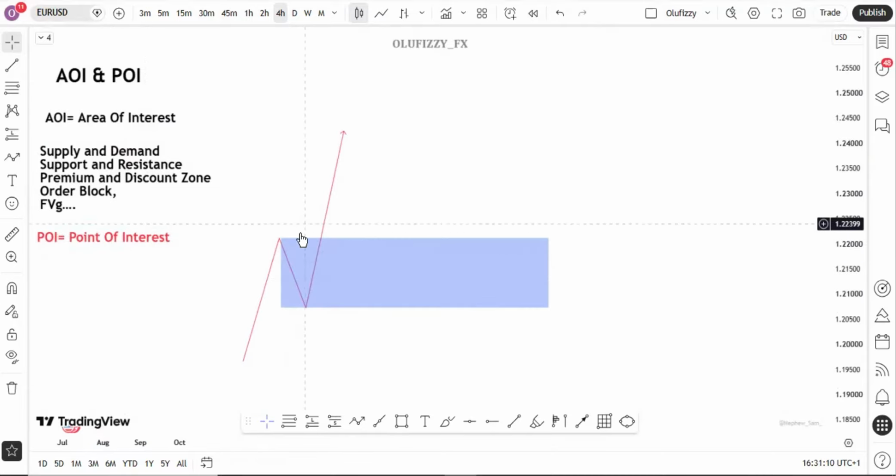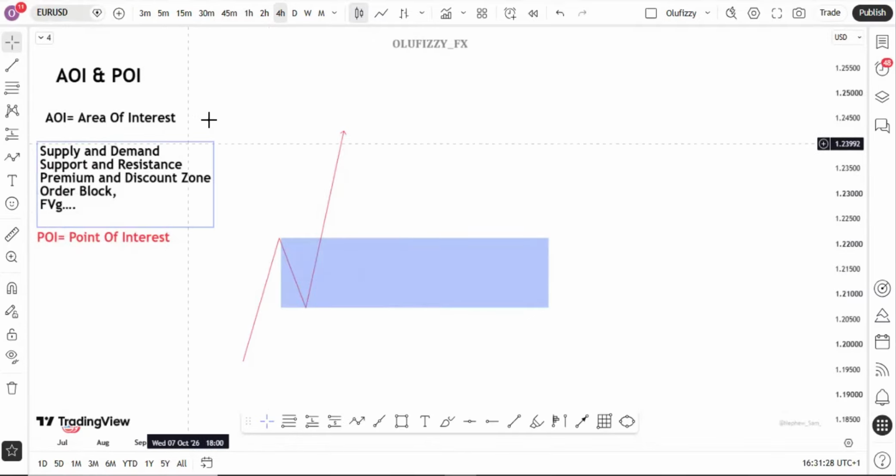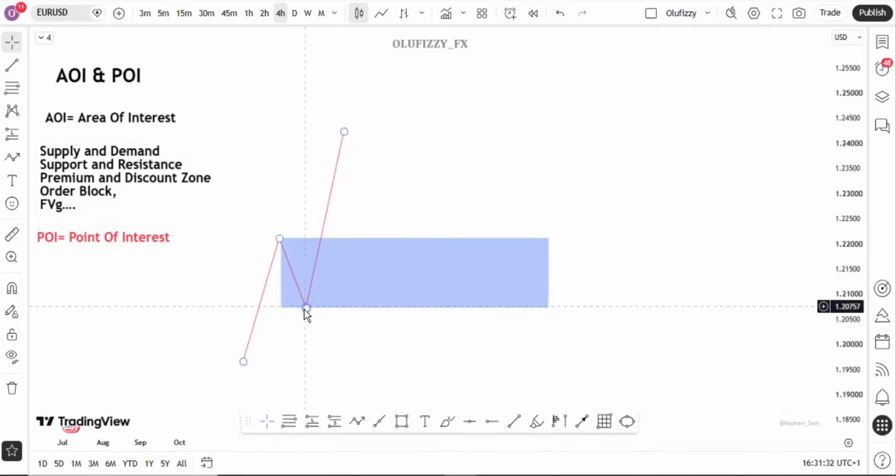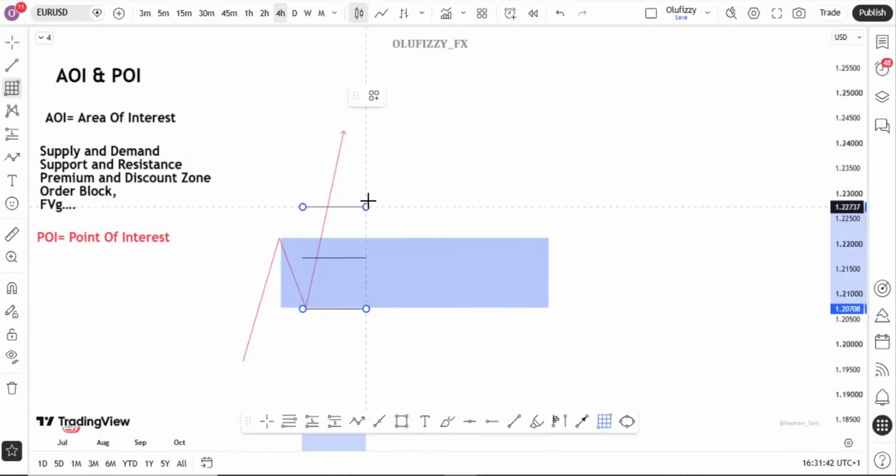Now in this particular area of interest, we are focusing on this entire zone, which can be support and resistance, supply and demand, or premium and discount. For those of you that don't know premium and discount, it's just from this swing low here to this swing high. If you take your Fibonacci retracement, I'm going to be using another tool for that.